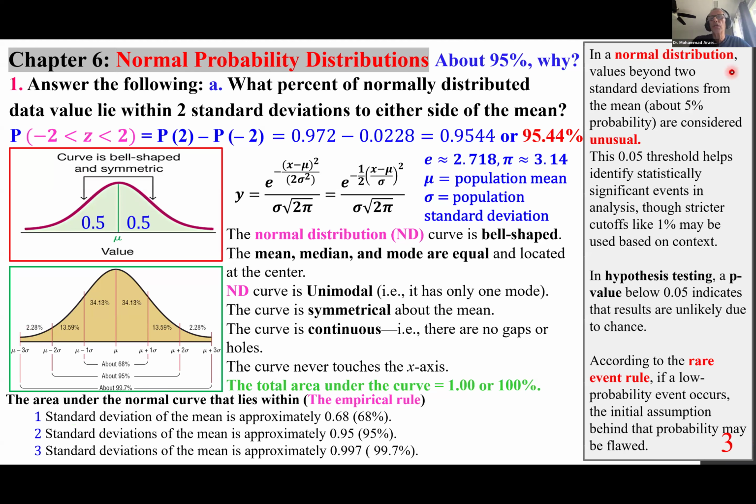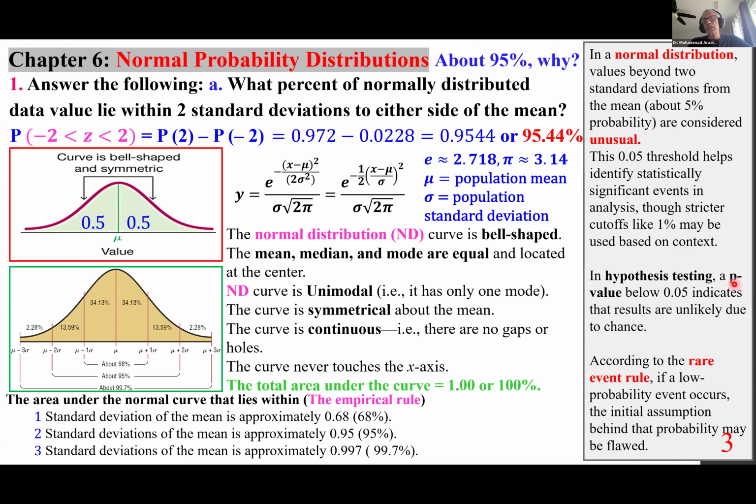So, in a normal distribution, values beyond 2 standard deviations from the mean, about 5% probability, are considered unusual. This 0.05 threshold helps identify statistically significant events in analysis, though a stricter cutoff like 1% may be used based on context.